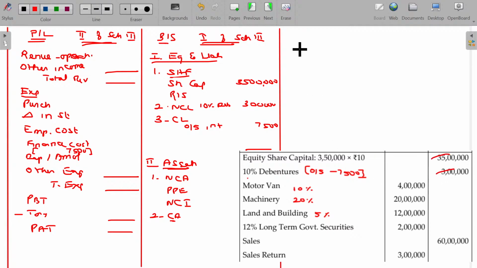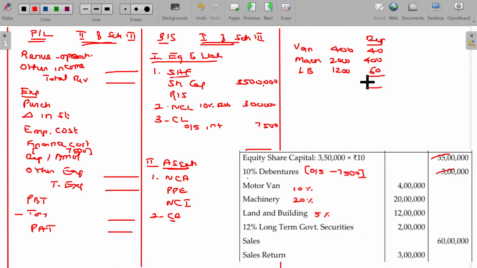Motor van 4 lakhs and machinery 20 lakhs, land and building 12,00,000, and depreciation on these assets being 10% 40, 20% 400, sorry, 400. For the land and building 5% 60.